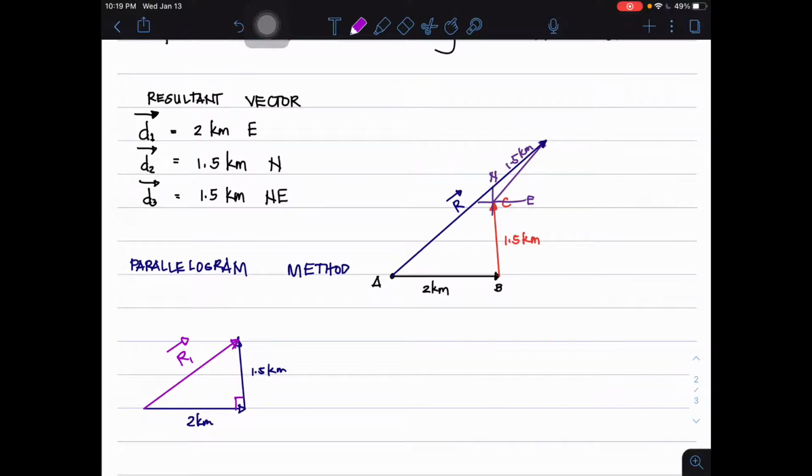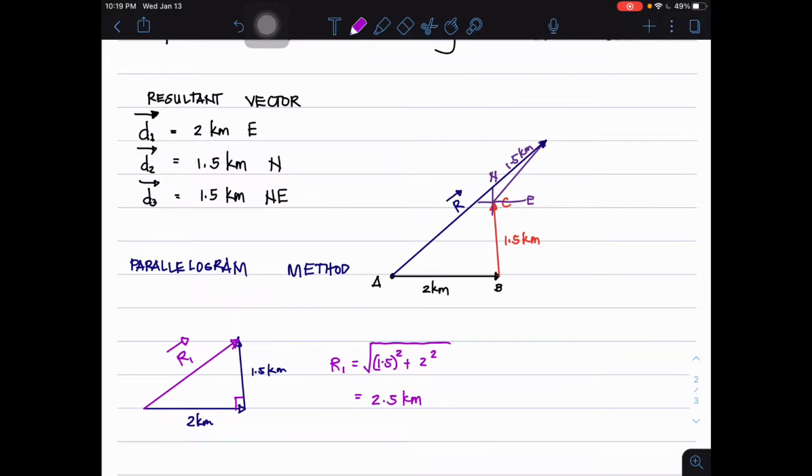So how are you going to do that? This is understood as a right triangle. Therefore, to solve for the magnitude of R1, you simply have to get the summation of the squares of the 2 other sides. So therefore, that's 2.5.